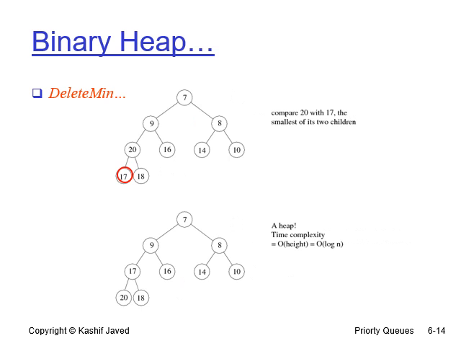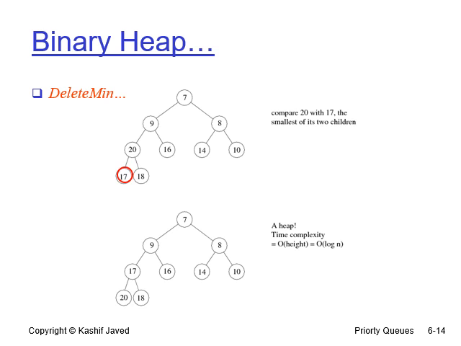So let's look at the next slide. You can see here 9 goes up, 20 comes down. Is 20 still violating the heap order property? Yes, that means I haven't yet found the correct position of 20.